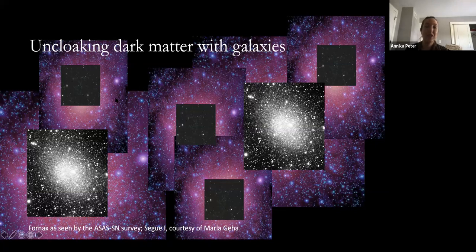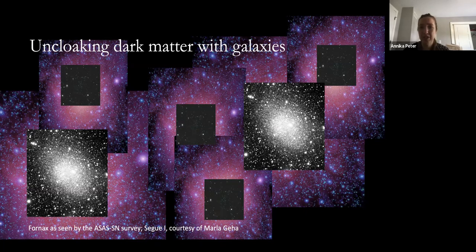What I'm showing here is, again, various Aquarius simulated dark matter halos, and I've pasted some dwarf galaxies in this image. This teeny thing is the Segue 1 dwarf galaxy. It's a galaxy that's about 600 solar masses in stars. Okay, so very few stars, and it's one of the smallest known galaxies.